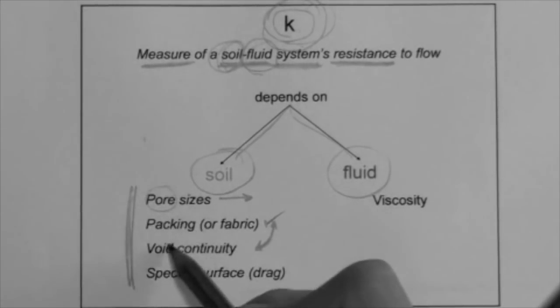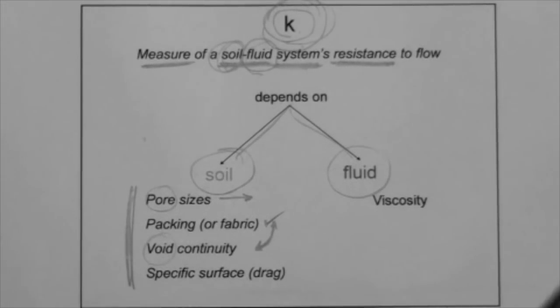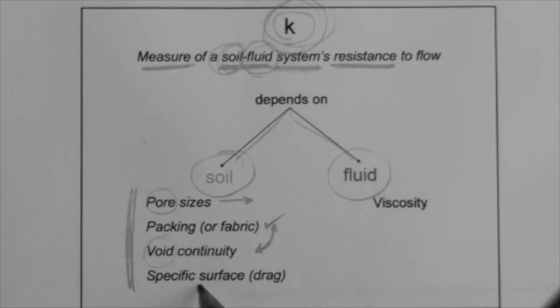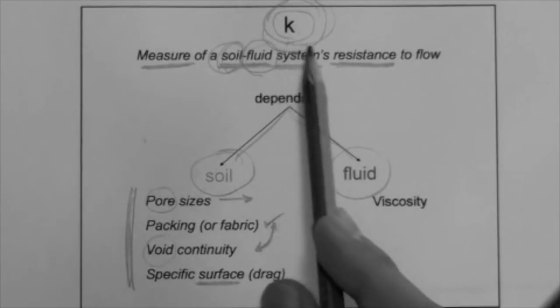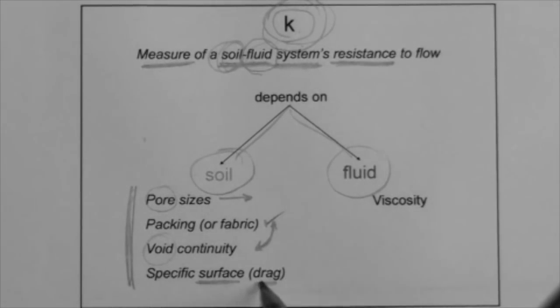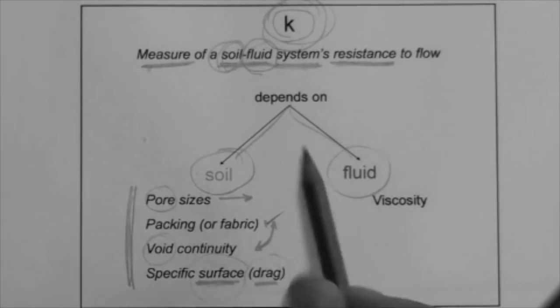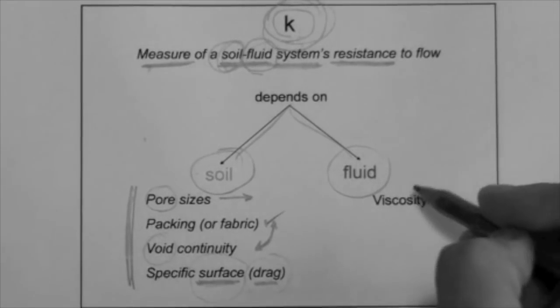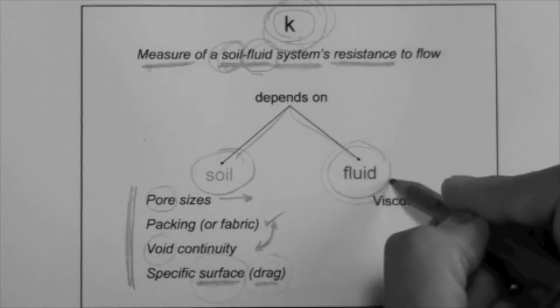Remember, pore and void are the same thing. Okay? And it's also important to realize that the fluid will drag, it will grind against the surfaces of the particles. Okay? So the more surface there is, the more drag there will be, and the lower the K will be.